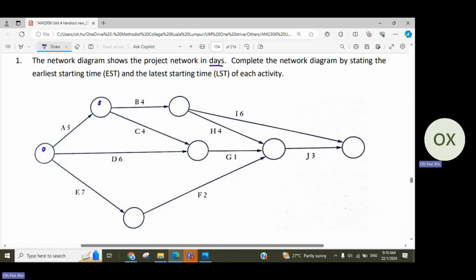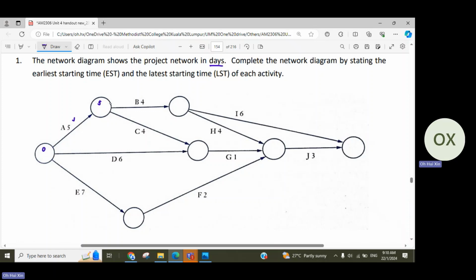So you don't separate the two methods. When you are doing EST, it's also the way that you are doing your critical path, because the way that you do EST is exactly the same way you found your critical path just now. So that's why you put a tick as well when you are doing that.